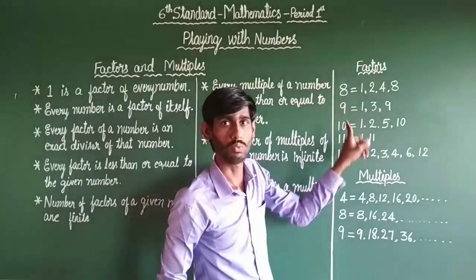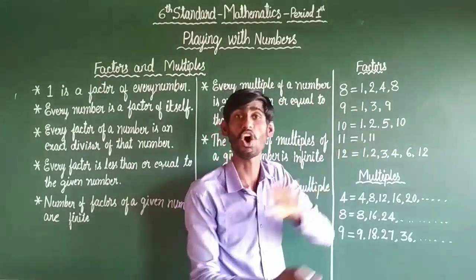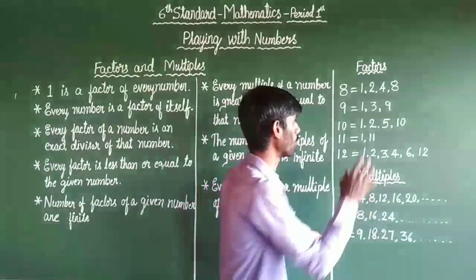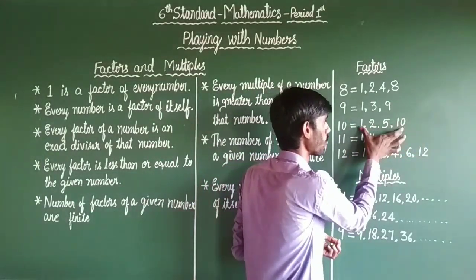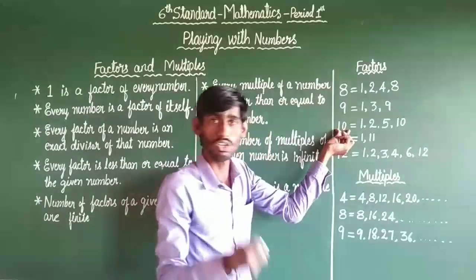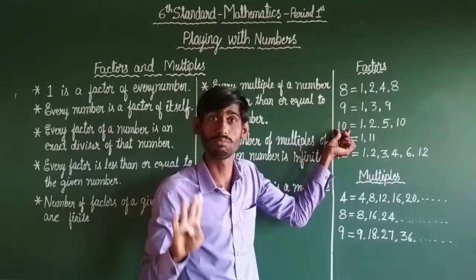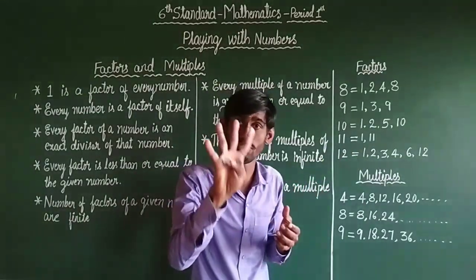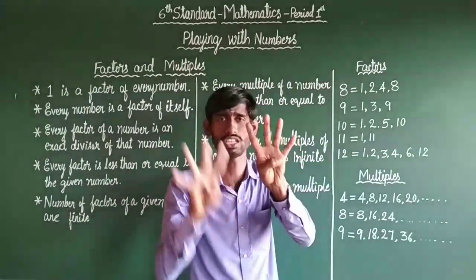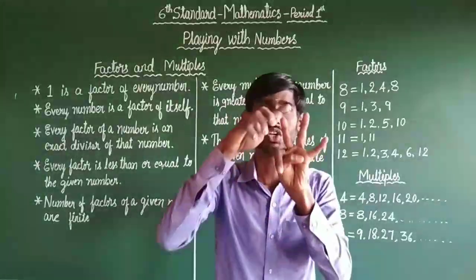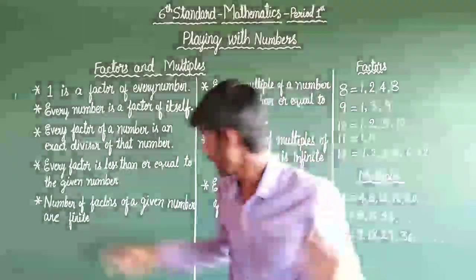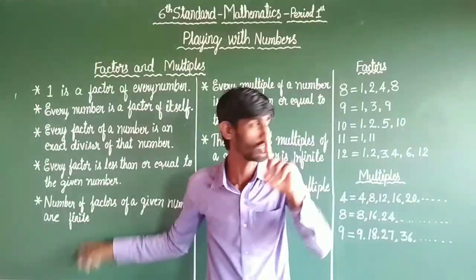Which are those? 1, 2, 5, 10. Not more than 4 numbers. It has no more than 4 factors. Only these 4. I mean finite. I hope you have understood.